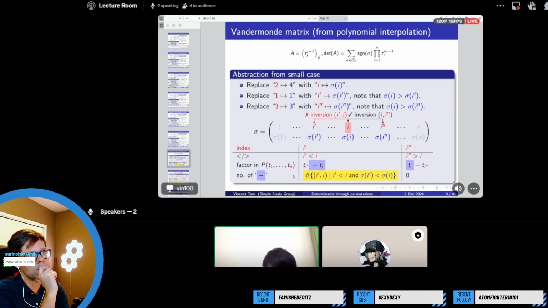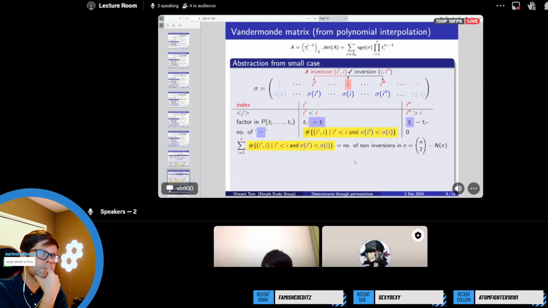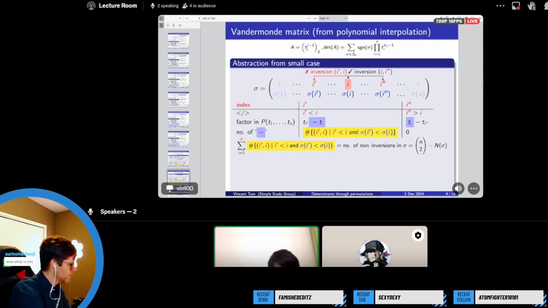So finally, for each fixed I, you are counting the number of non-inversions in sigma. So finally, we add I up from 1 to n, and then we found that this is actually the total number of non-inversions in sigma.